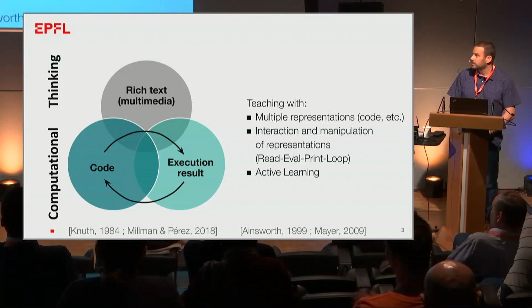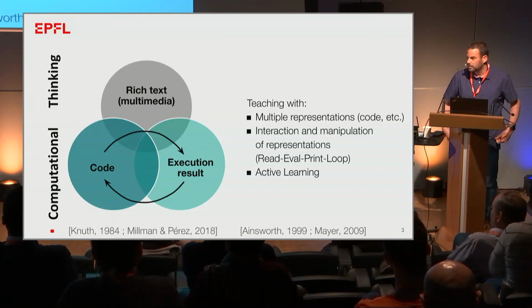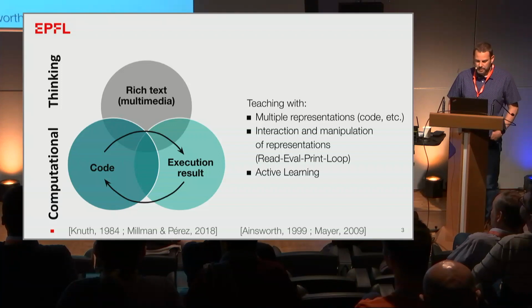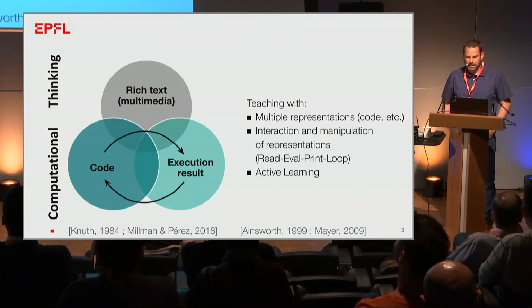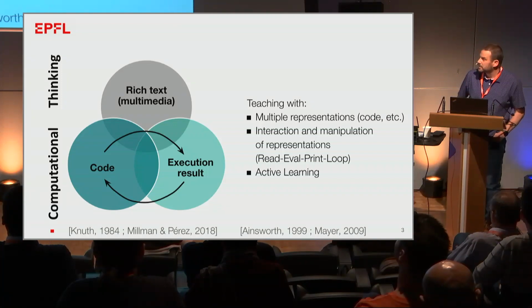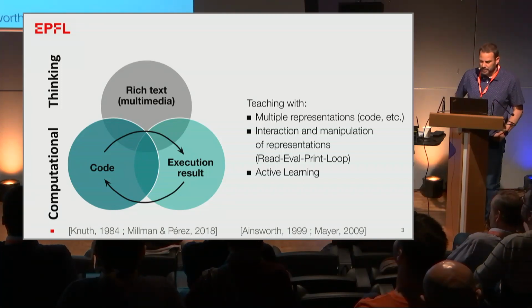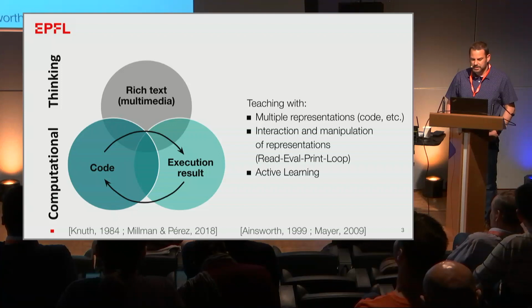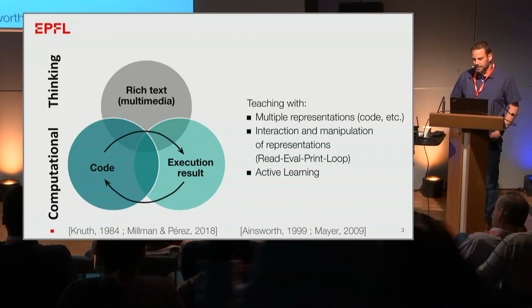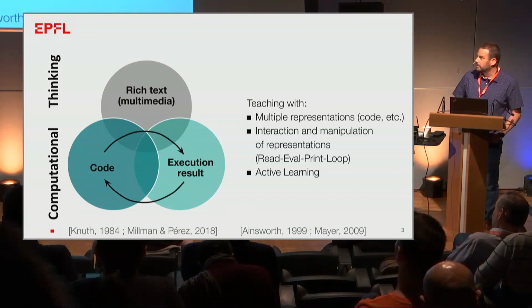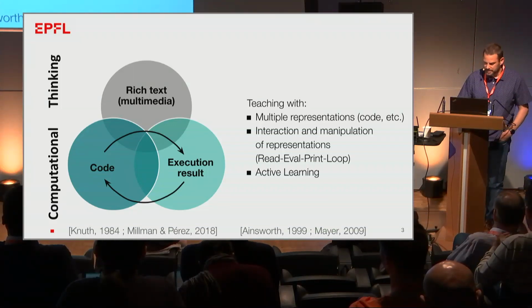And we try to use all the channels connecting to the brain of the learner. So that's why we use multiple representation in computational thinking. The other important part is the bottom part of the diagram. It's an iterative loop of read, eval, print that makes the learner really active in the learning process.